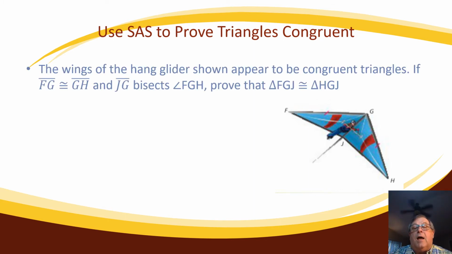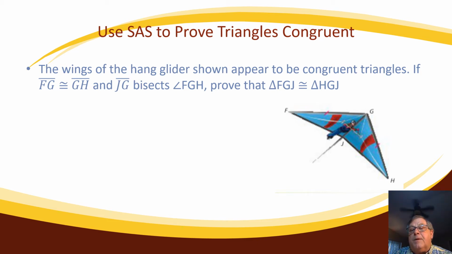So the wings of a hang glider shown appear to be congruent if, conditional statement by the way, if segment FG is congruent to GH and JG is congruent to segment JG bisects angle FGH, prove that triangle FGJ is congruent to triangle HGJ.